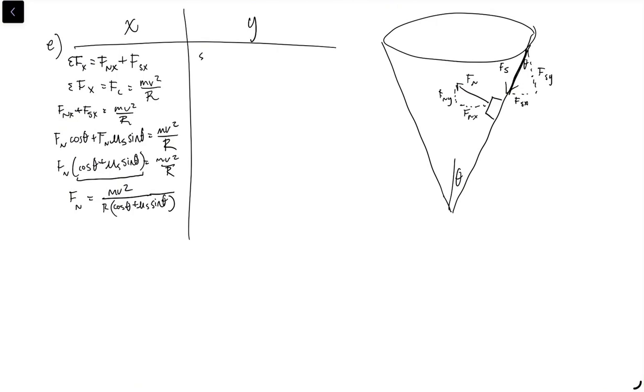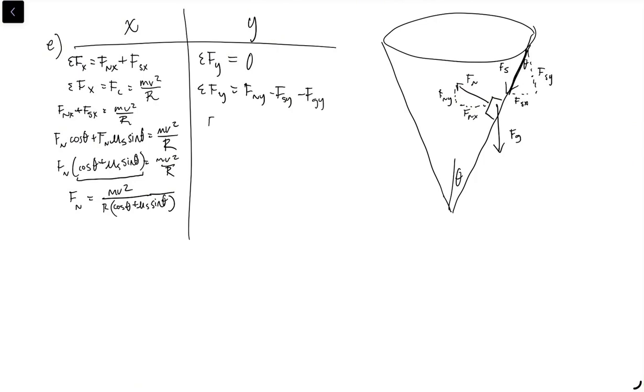Okay, and in the y direction, net force in the y direction has to be equal to 0 because the problem says that the car is not slipping. Fy is also equal to Fn y, which we see is going upward, but Fsy is going downward, so they would be opposing each other. And then there's also an Fg that's going downward.